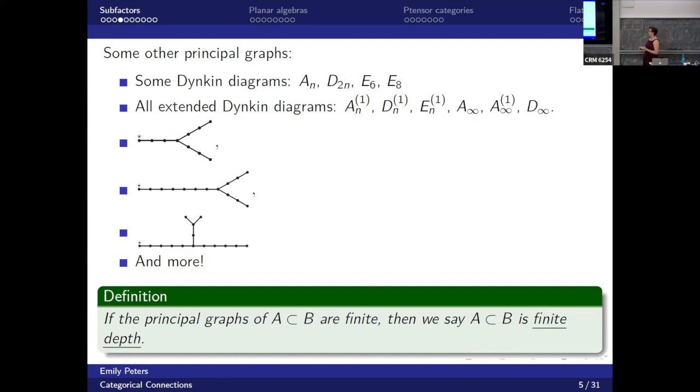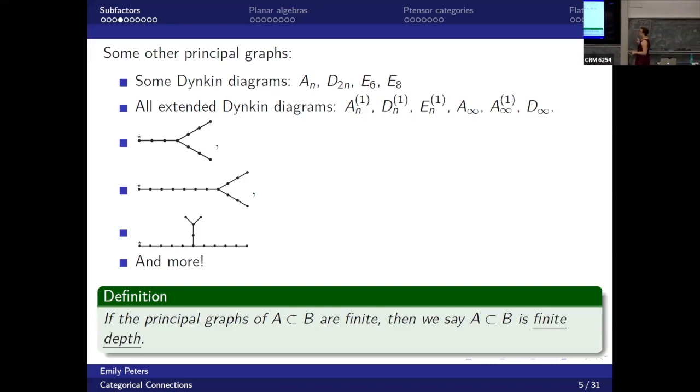So for instance, with the Dynkin diagrams, in which case we're in the index below 4 setting, we get some of them. We get all of the A's. We only get the even D's and the even E's. What does this mean? This means that there are subfactors that have these principal graphs, and these are the source of some of these non-integer index examples. But we don't get all of them.